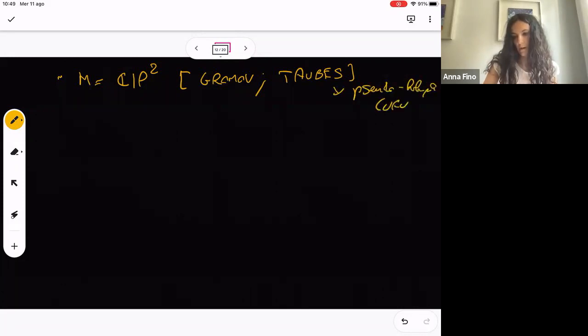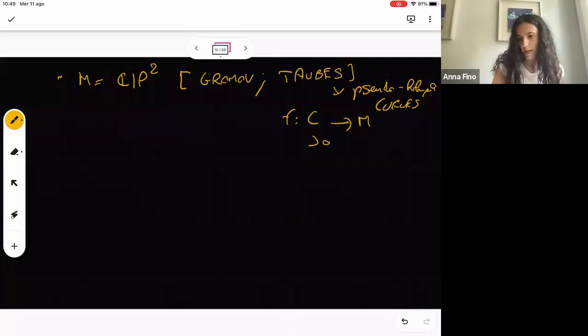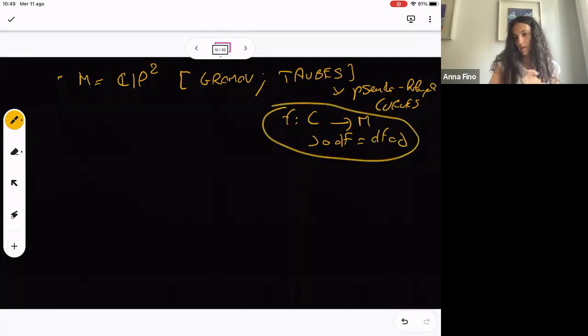Holomorphic curves. That means that you have an immersion of your smooth curve in your manifold M, and you have the property that J composed with the differential commutes with J. Essentially, that's the condition that characterizes pseudo-holomorphic curves.